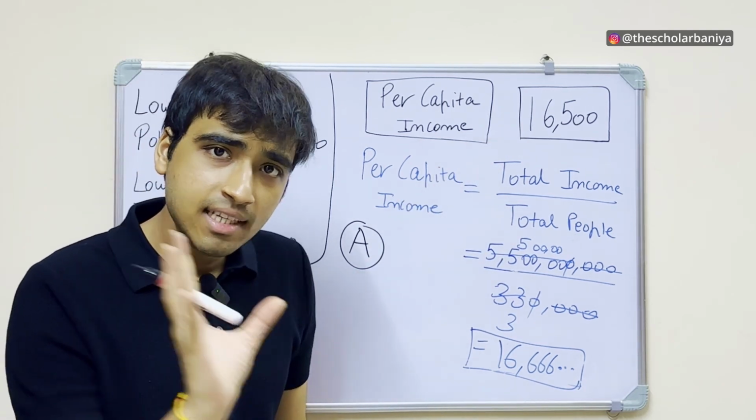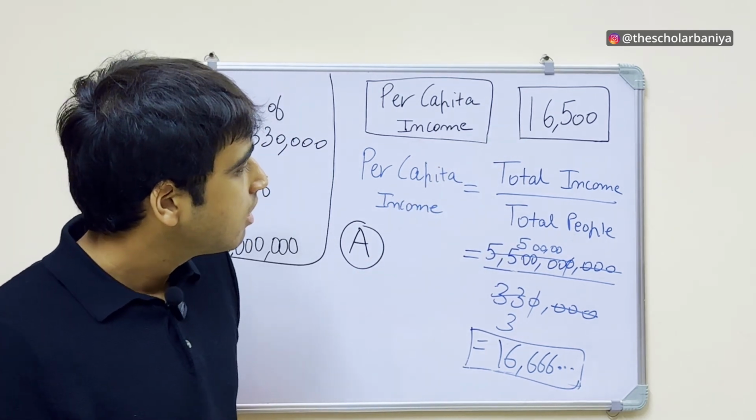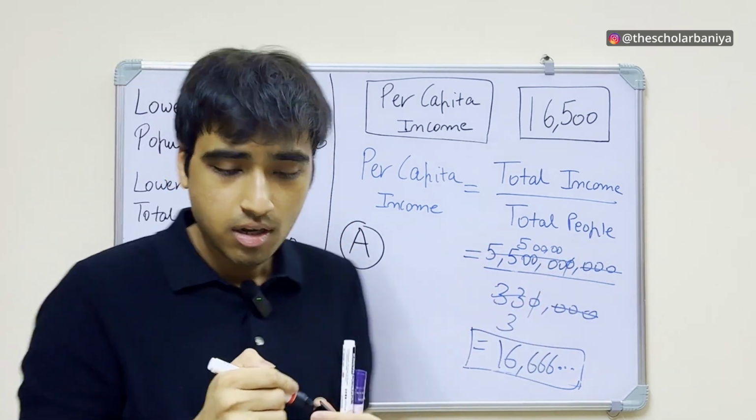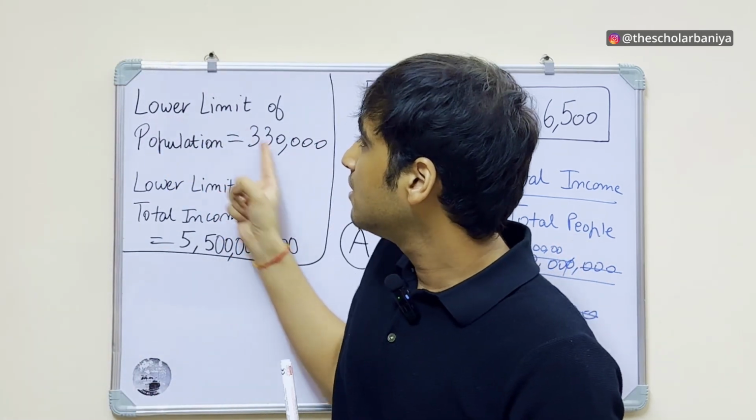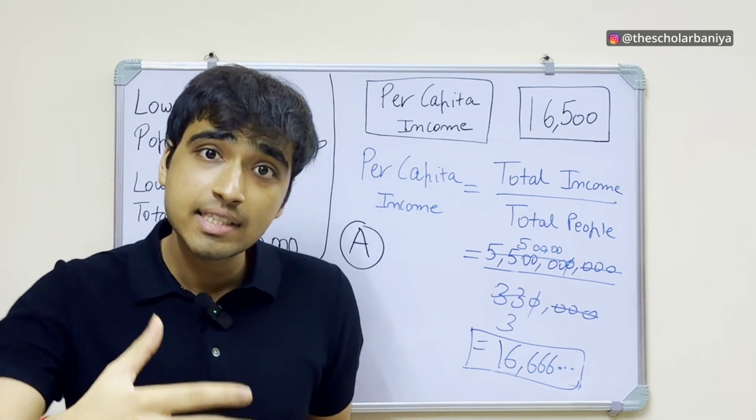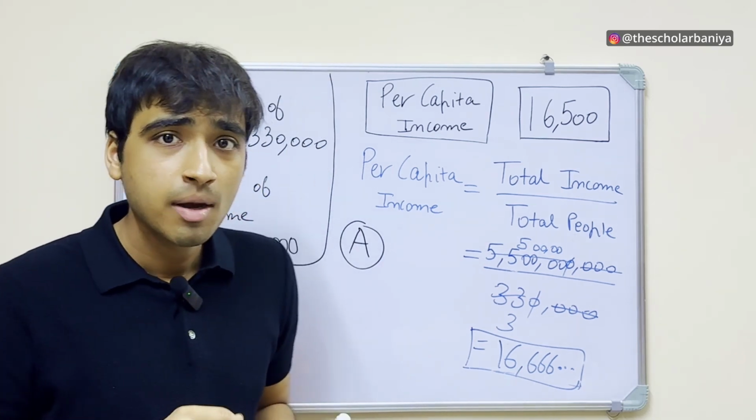But now take the other case. If you increase the total people, because we know that 330,000 is a lower limit, which means there can be many more people than this.